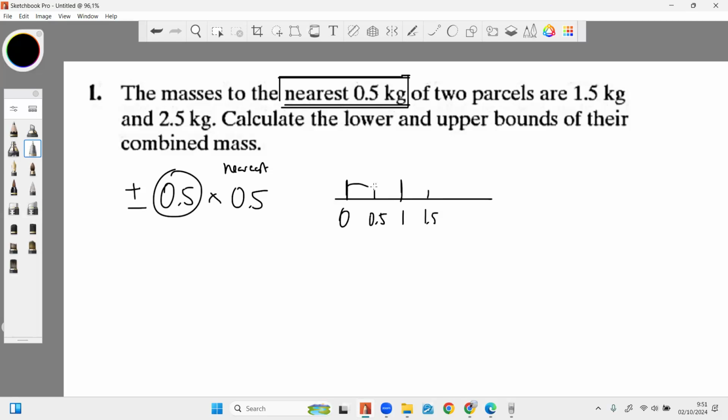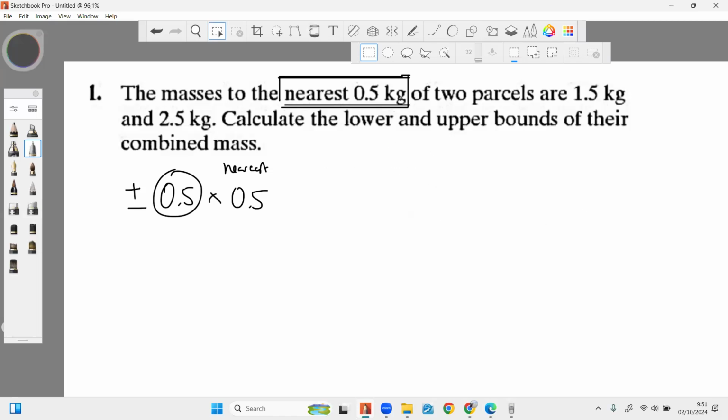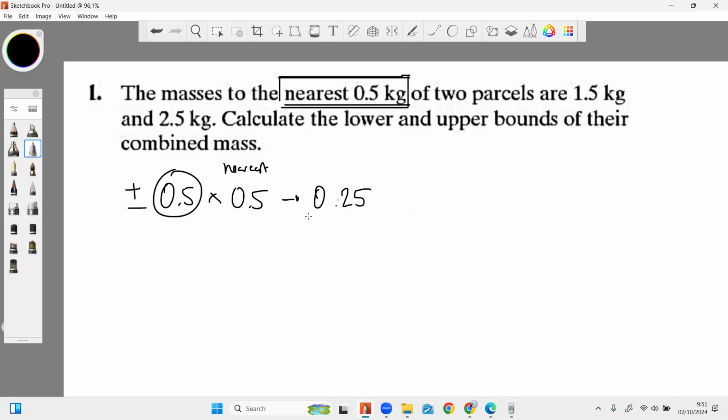So the scale is up to 0.5 only. Therefore, the plus minus is not 0.5. It's not as simple as adding 5 on the edge of the last number, but you need to calculate the error here. So plus minus 0.25.